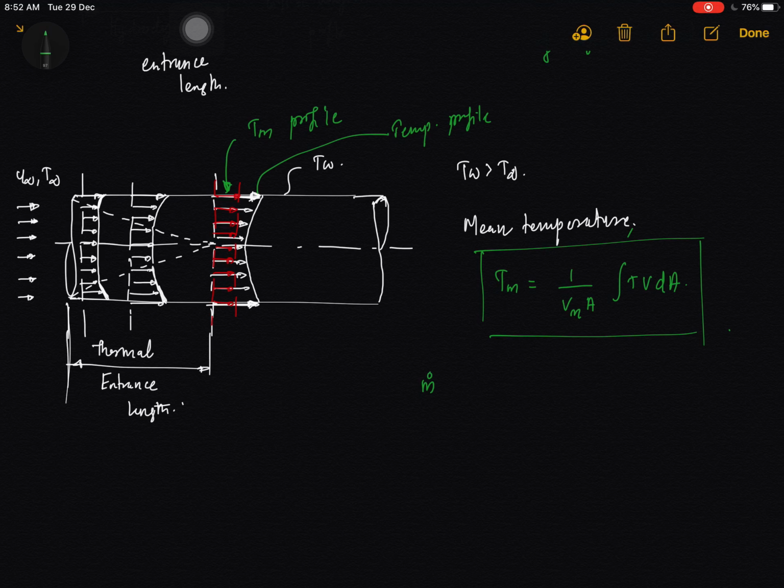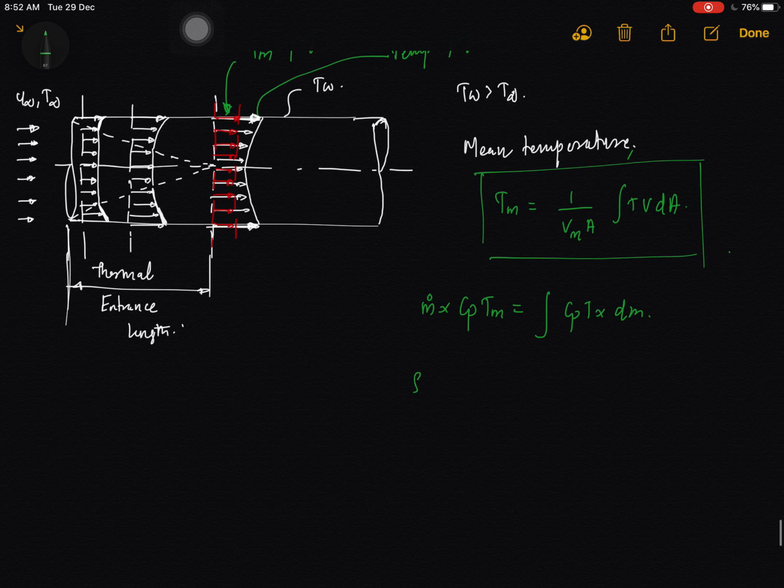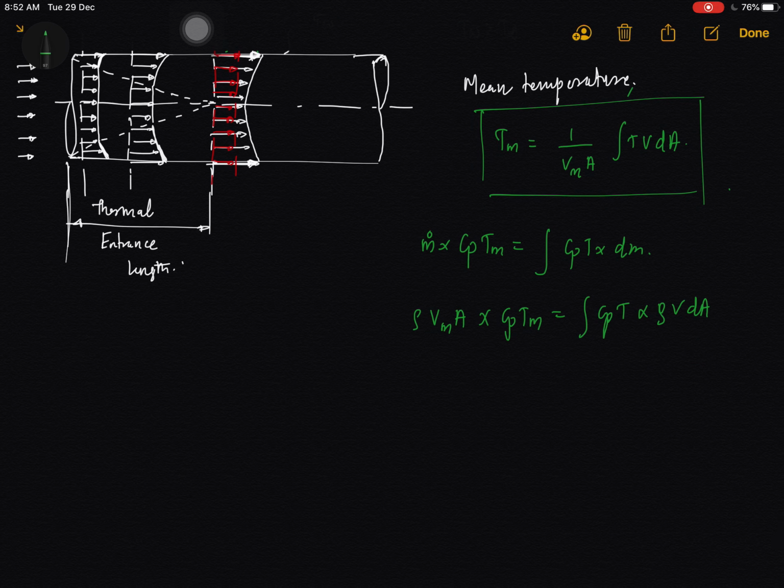It comes from considering the same energy flow rate: m dot Cp Tm equals integral Cp T dm, which gives rho Vm A Cp Tm equals integral Cp T rho v dA.